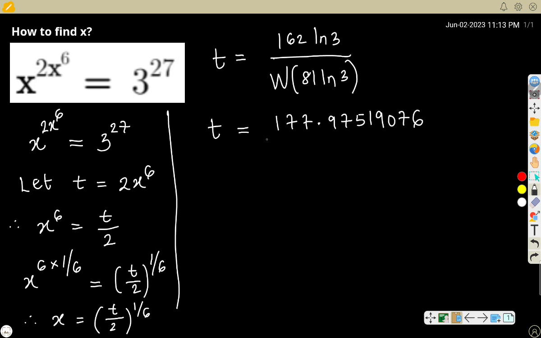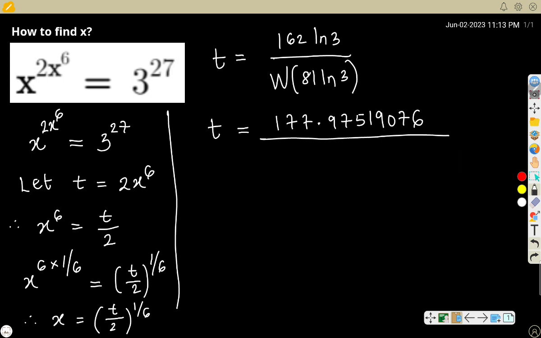You can confirm from your own calculator too, divided by W 81 ln 3. Now how can we compute W 81 ln 3 in your calculator? That is product log of 81 ln 3.